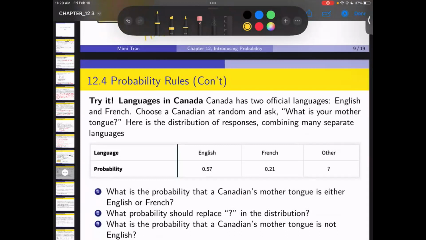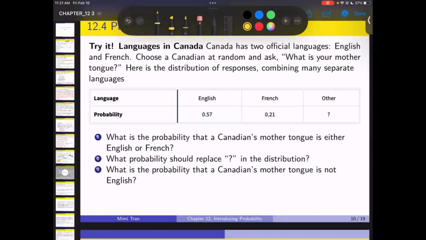I'm just assuming here you only have one mother tongue, unless your dad is French and your mom German or something like that. But let's just say mother tongue is English or French, not both. So they're disjoint. What is the probability that a Canadian's mother tongue is either English or French?